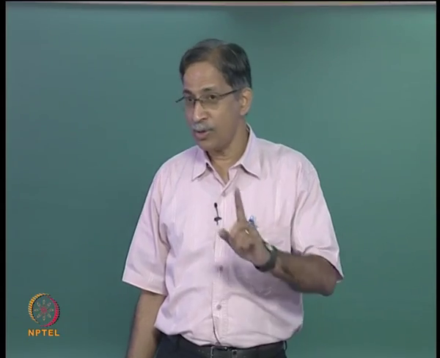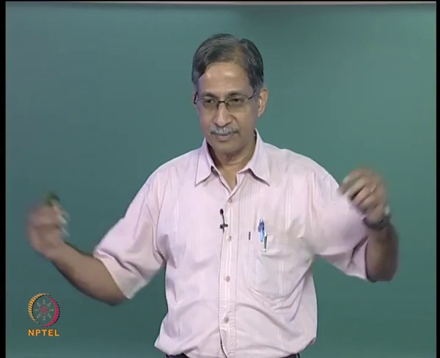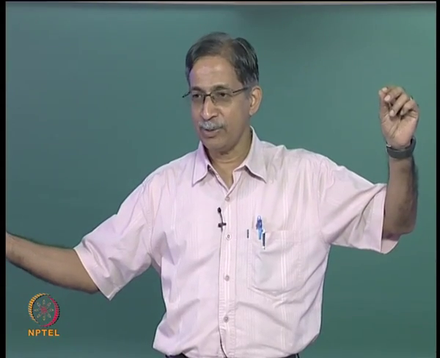If you have chord rotation, and we will finish with this, if you have a simply supported case, do you think the chord rotation will cause any curvature? Pin support settlement, do you think you will have any curvature? You don't get any curvature, but will you have any forces? Yes, you will.